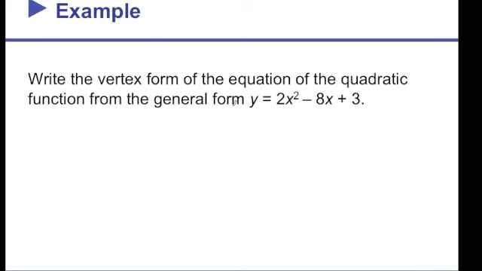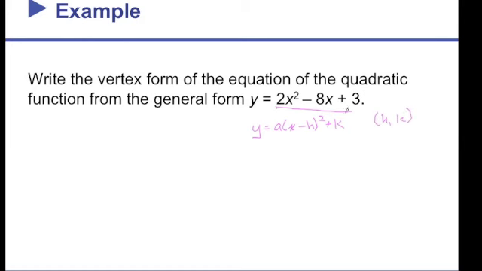Now we want to find the vertex form of the equation from the quadratic general form. So here we have the general form, and we want to change it to y equals a times (x minus h) squared plus k, where (h, k) is the vertex.